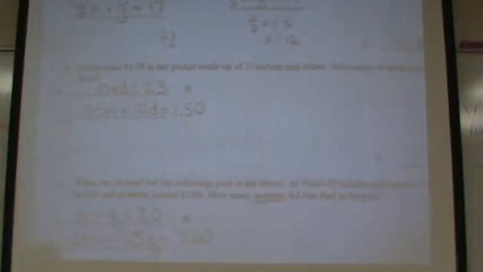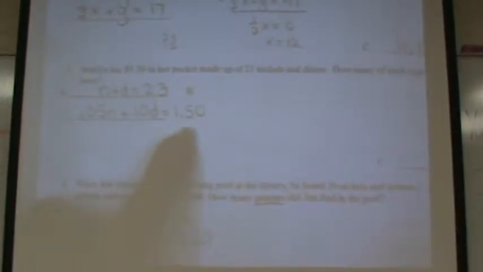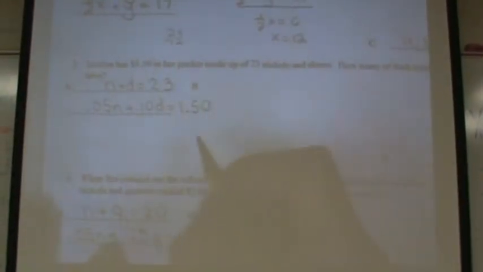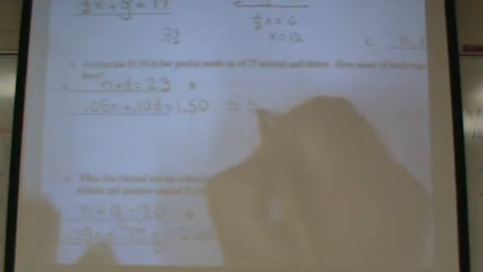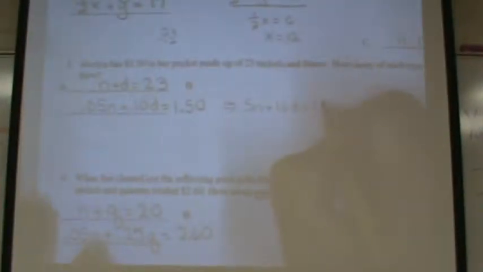The next one. We have nickels and dimes, 23 of them. Nickels are worth 5 cents, dimes are 10 cents, and we have $1.50. I would get rid of these decimals right here. I would turn this equation into 5n plus 10d equals 150.